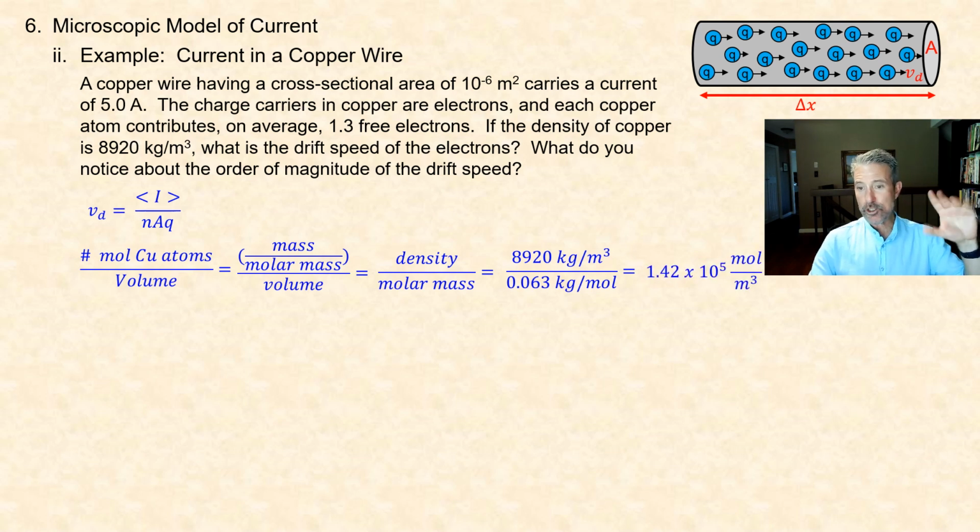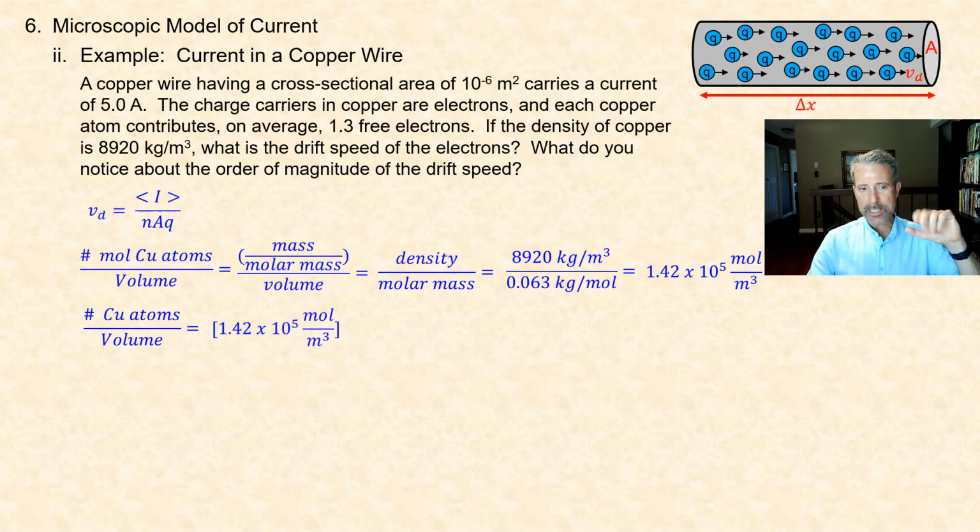We do the number crunching and we get this value of 1.4 times 10 to the 5th moles per cubic meter. What we're really interested in is the number of mobile charge carriers per unit volume. That's N. We're getting there. So let's go from moles of copper atoms to number of copper atoms per volume.